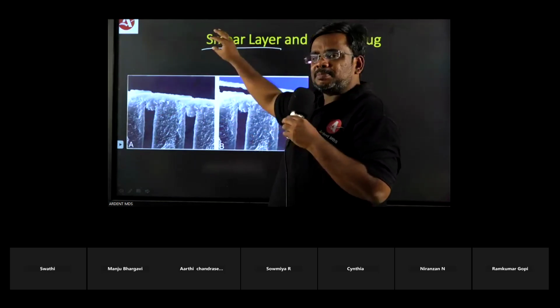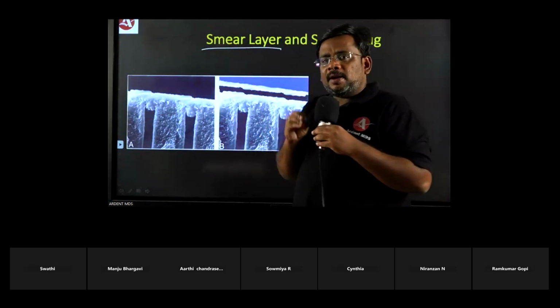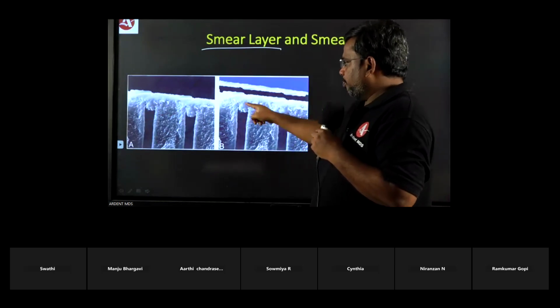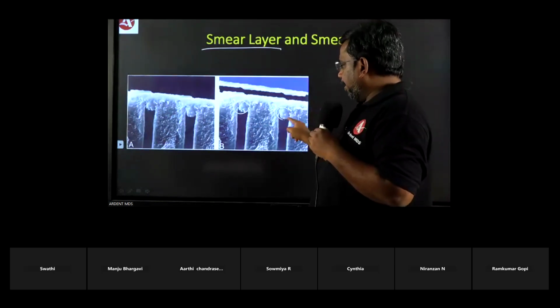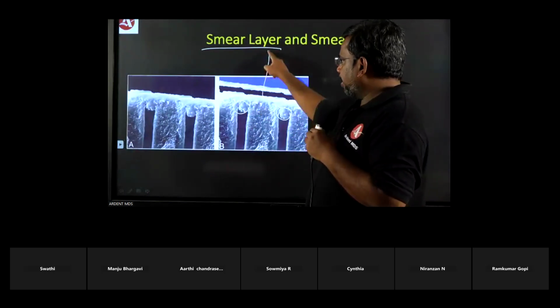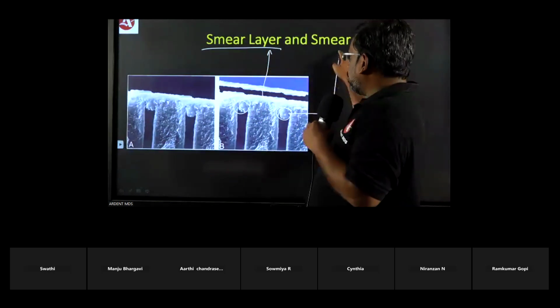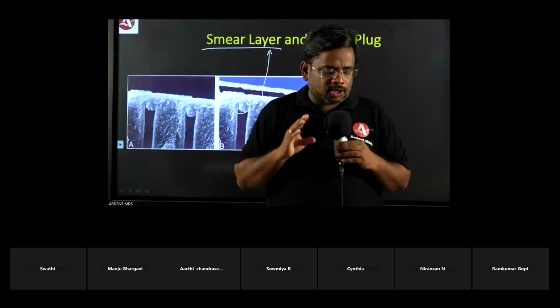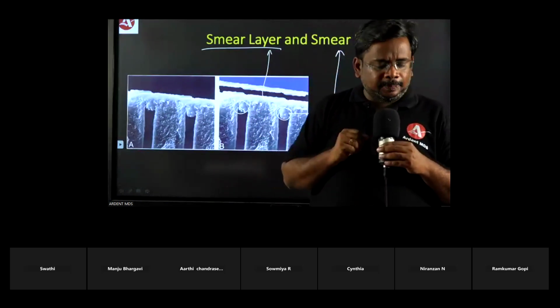This is called the smear layer. Some of the smear layer enters into the dentinal tubules. This area is called the smear plug. So this is the smear layer and this is the smear plug. Hope you are able to understand what a smear layer and a smear plug are.